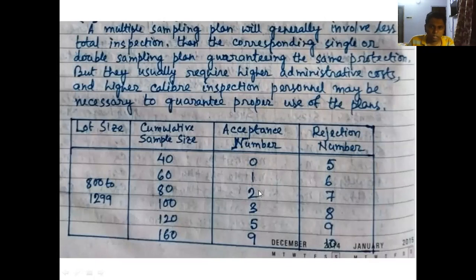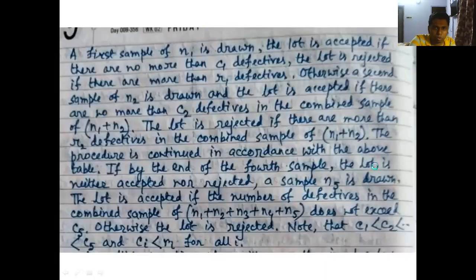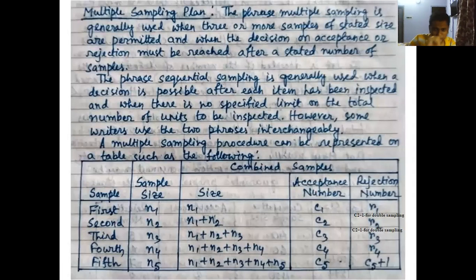Now notice that here the rejection number is 5. It is not 1 plus 1, 2. That is the difference between the double sampling plan and the multiple sampling plan.